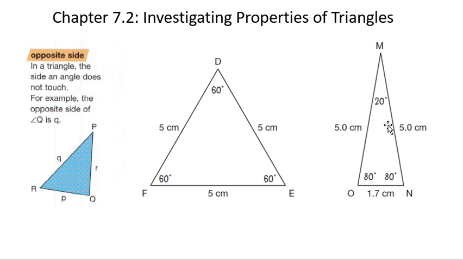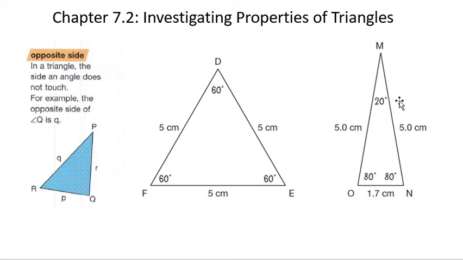Lastly, the side opposite angle M, which is the smallest angle at 20 degrees, is opposite the smallest side. So for example, if I only gave you the three side measurements and told you I have a triangle that has three sides, 5 centimeters, 5 centimeters, 1.7 centimeters, and I gave you the three angles, 20 degrees, 80 degrees, and 80 degrees, the 20-degree angle must be opposite the shortest side because it's the smallest angle.